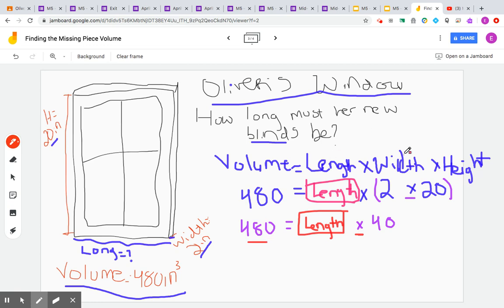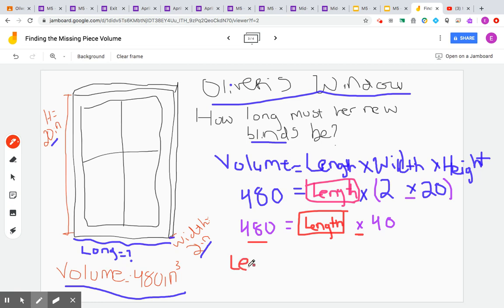So to find a missing piece, we're going to divide. Anytime we're finding a missing piece, something that's in our equation, whether it's the height, the width, the length, or the base area, like our last problem, we are going to divide.